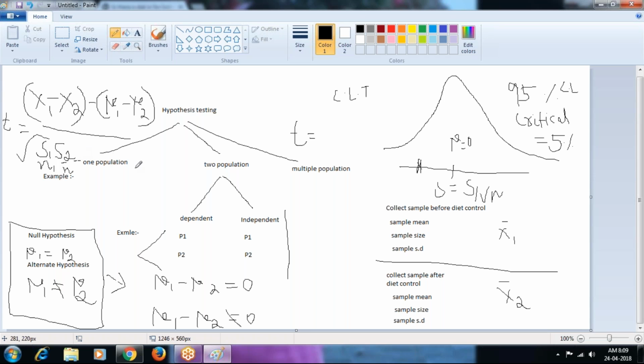This is for the pooled variation when the two populations are independent.